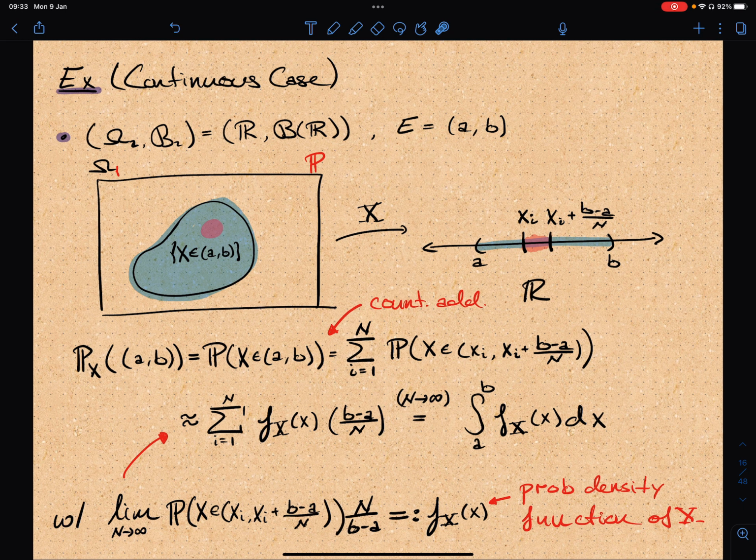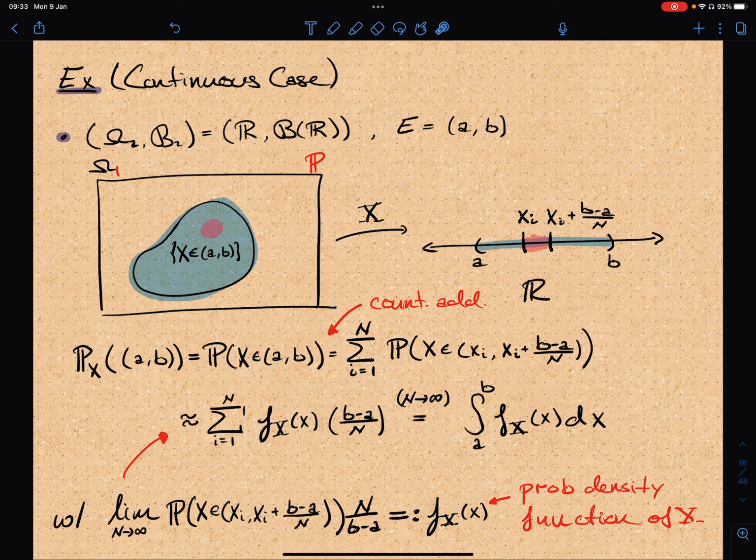The thing to note is that as this interval gets smaller and n gets larger, the pre-image gets smaller, so this probability itself goes to 0 as n goes to infinity, because there's going to be less probability.